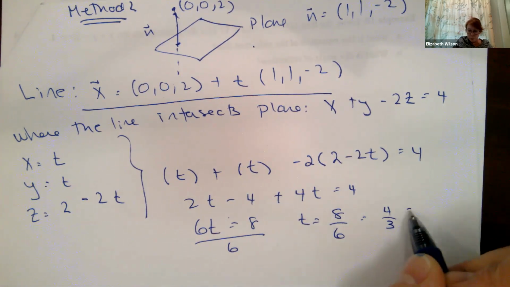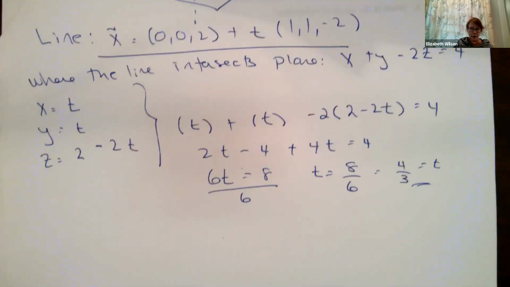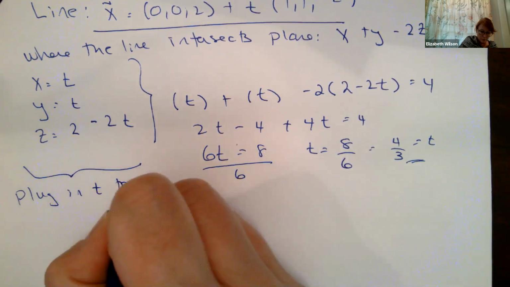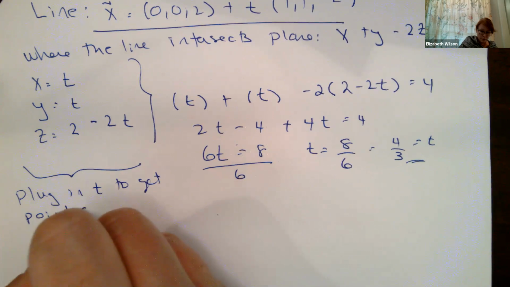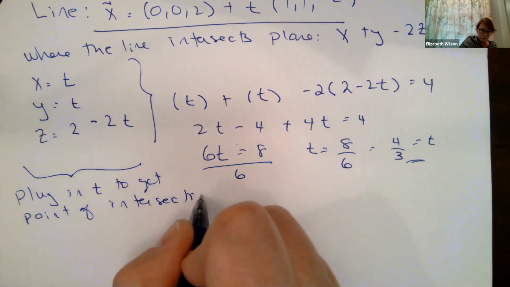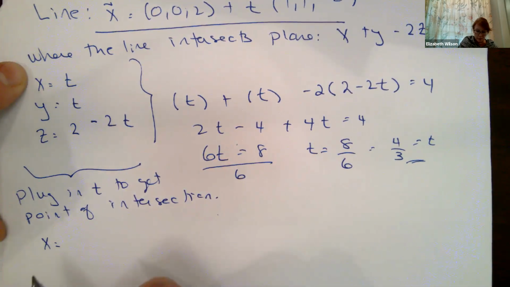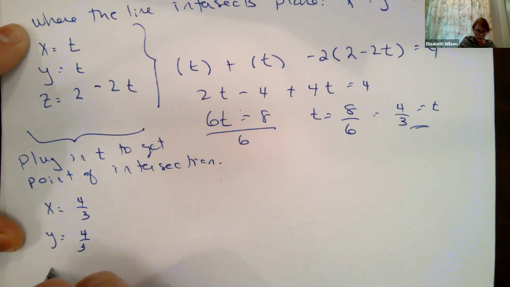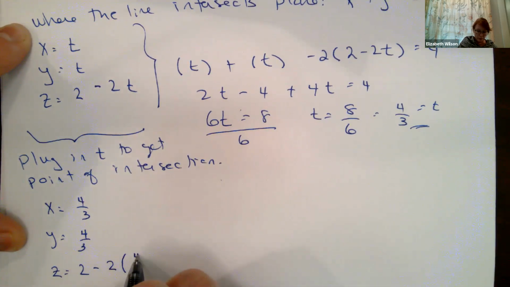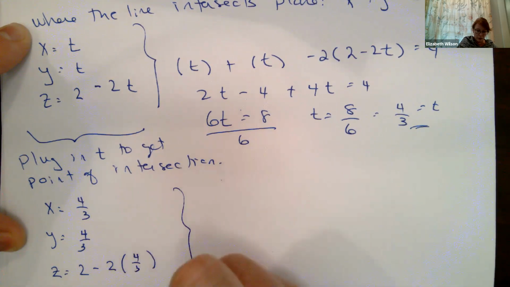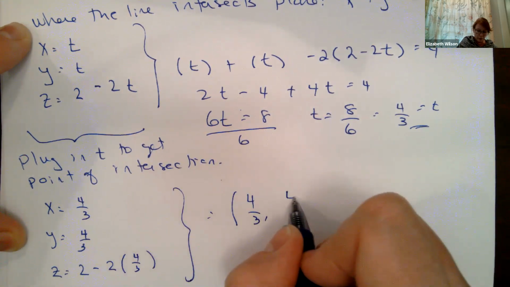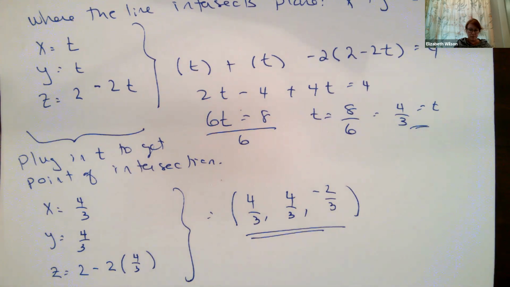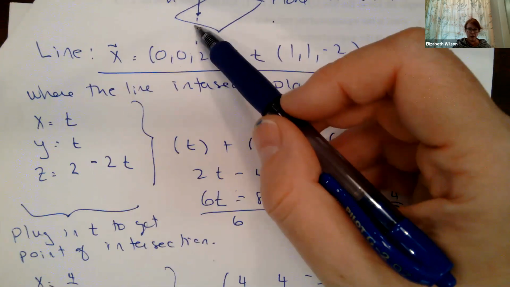I'm going to plug it back in to find the point of intersection. x equals t, y equals t, and z equals 2 minus 2 times 4/3. So my point of intersection is 4/3, 4/3, minus 2/3.